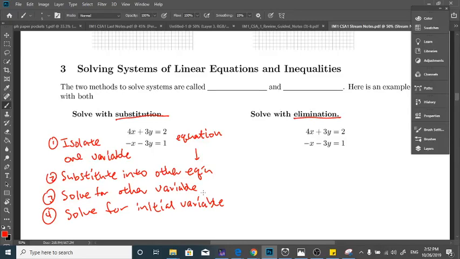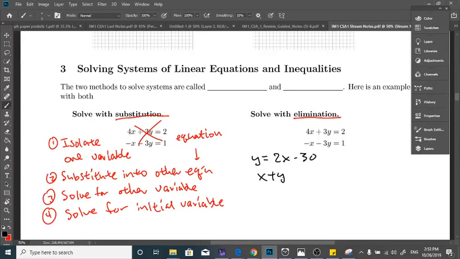Sometimes you will get a system that's a lot easier to do by substitution. For example, so let's ignore this one for now. Let's just say, for example, you have something that looks like this. Y equals, what was the one I did yesterday in class? I think it was like 2x minus 30. Yeah.